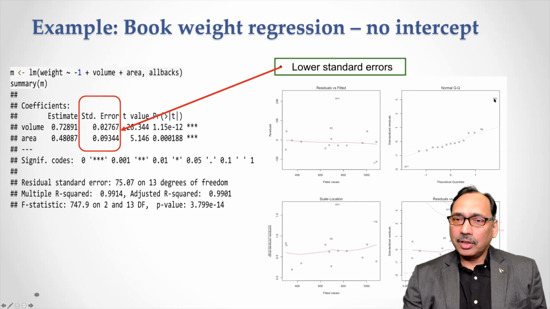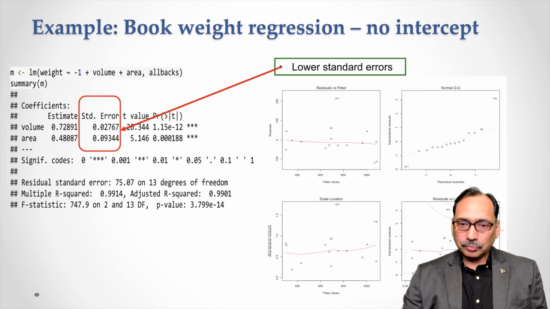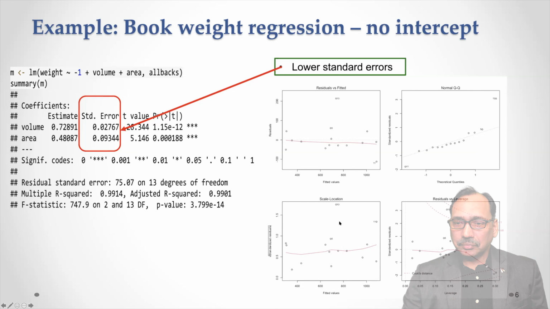That book looks like it is a bit different from the group. Observation 13 is also flagged on the scale-location plot, and it falls between 0.5 and 1 of Cook's distance on the leverage plot. So there's definitely something going on with number 13, and that's something to be looked into.